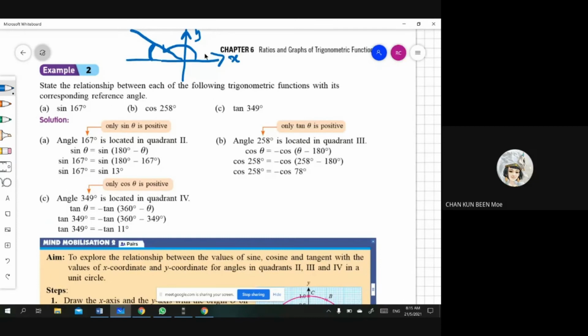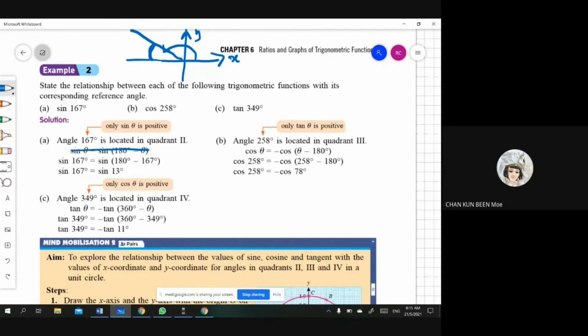So you can see from line to line here, angle 167 degrees is located in quadrant 2. Sine theta is sine 180 minus theta. So sine 167 degrees just now is equal to sine 180 minus 167. So actually, you don't have to show this, I think. You just need to show that it's located in quadrant 2.